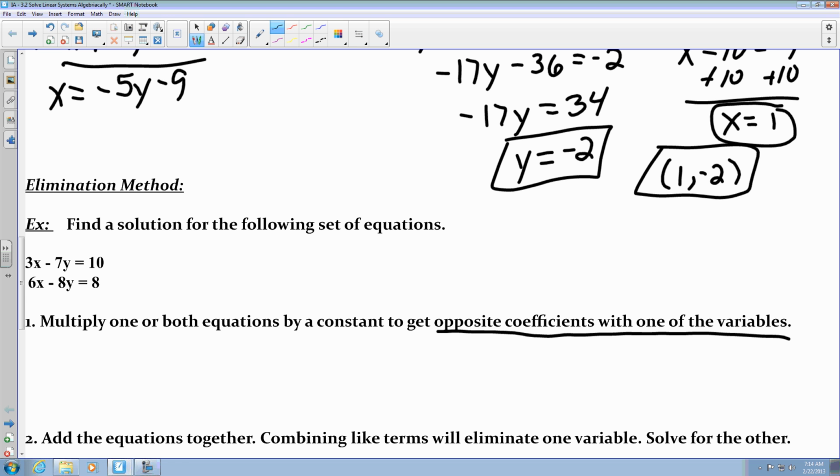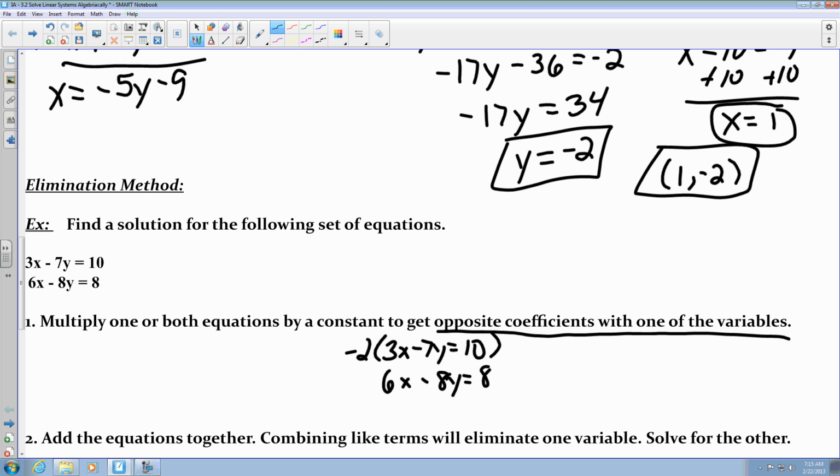So that's what I'm going to do. I got 3x minus 7y equals 10, and then I got 6x minus 8y equals 8. So if I want to multiply this one equation to get the opposite coefficient, I'm going to multiply that first equation by a negative 2.